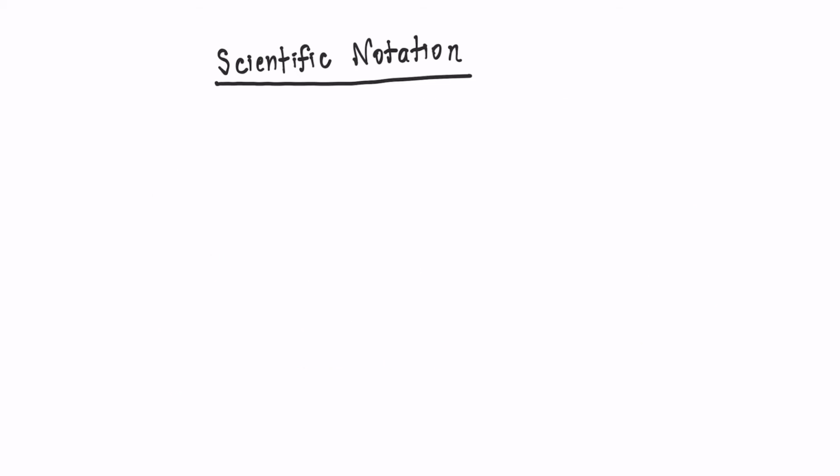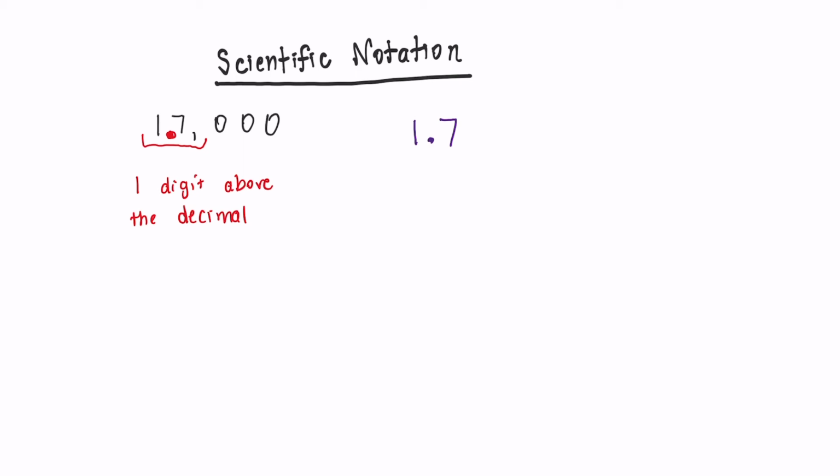Why don't we take a look at some examples where we're writing in scientific notation? For example, 17,000. That 1 and 7 is what we're going to write in scientific notation, but we're only going to write one digit above the decimal. And so the first part of our notation will be 1.7. Then we have to figure out how many decimal places we moved.